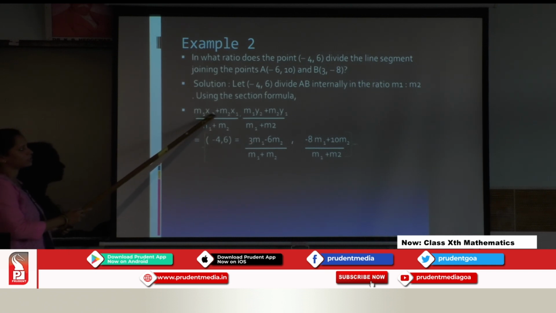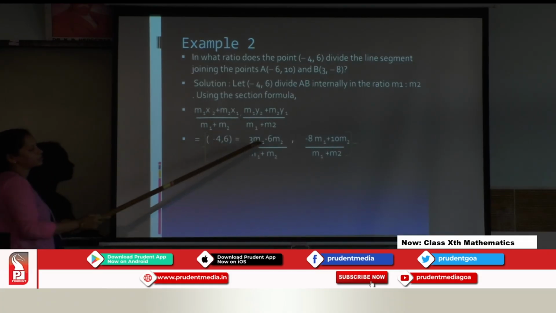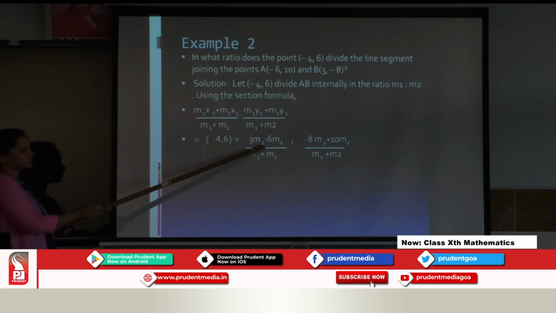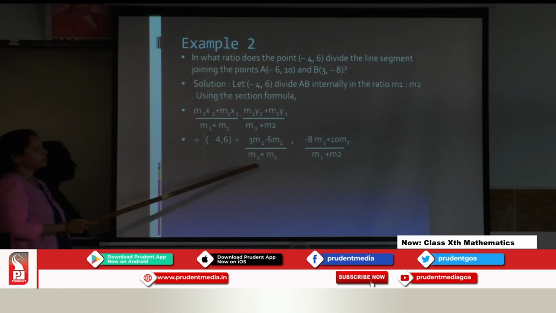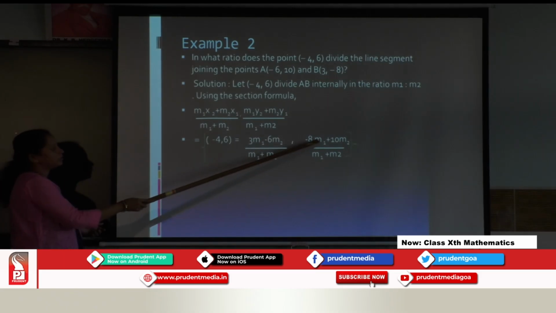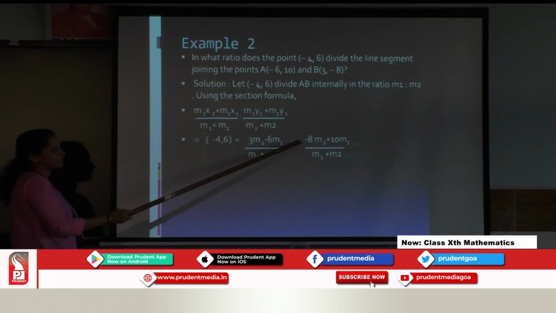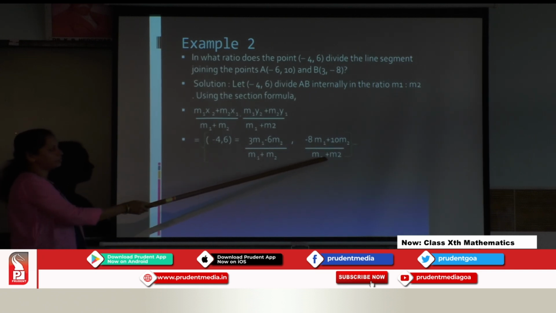M1 we don't know, x2 we know, x2 is equal to 3. So 3 M1 minus... M2 we don't know, so we will write M2 as it is, and x1 is equal to -6. So 3 M1 minus 6 M2 upon M1 plus M2. Here y2 is equal to -8, so it is -8 M1, and y1 is equal to 10, so 10 M2 upon M1 plus M2.